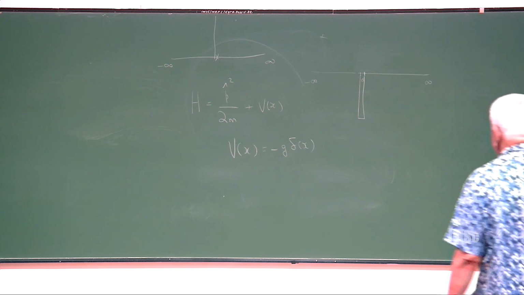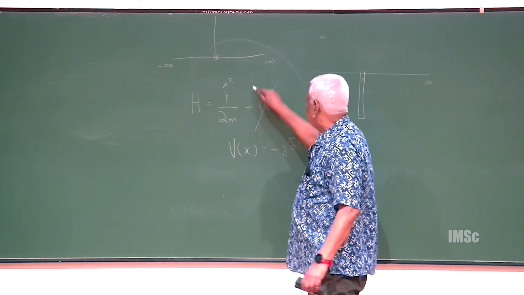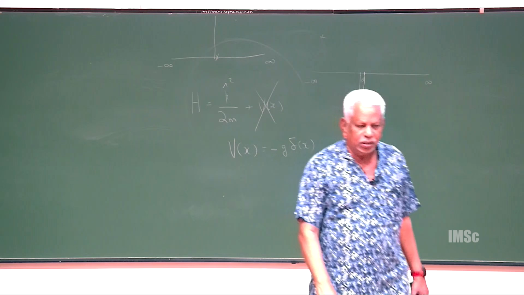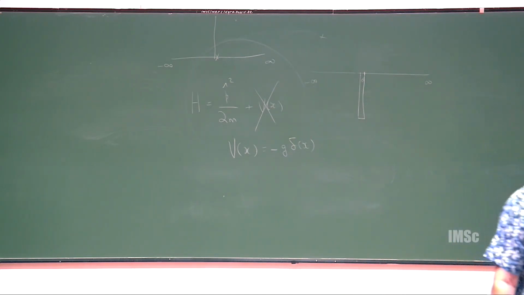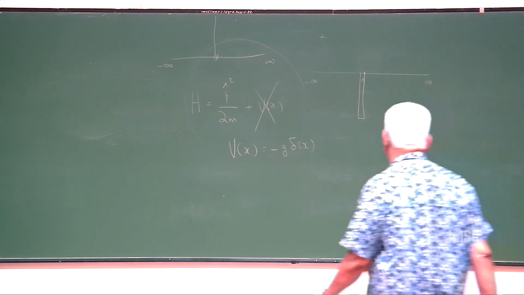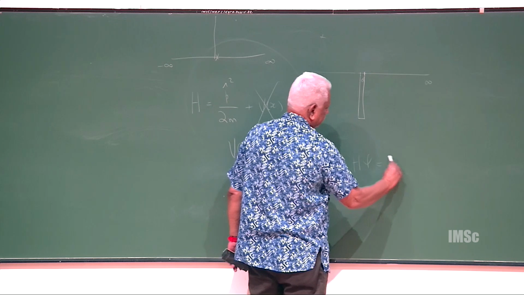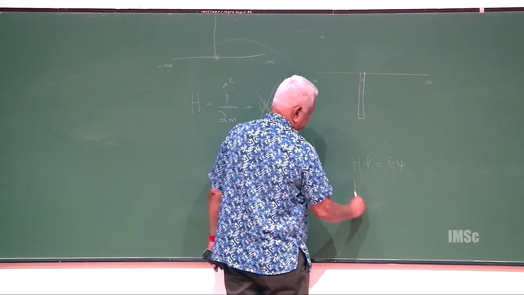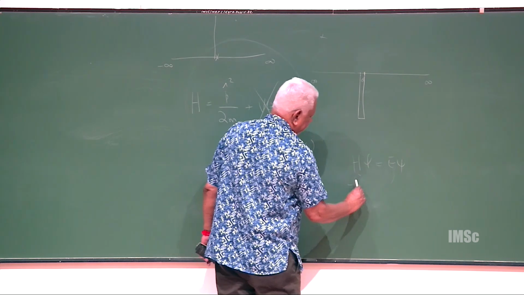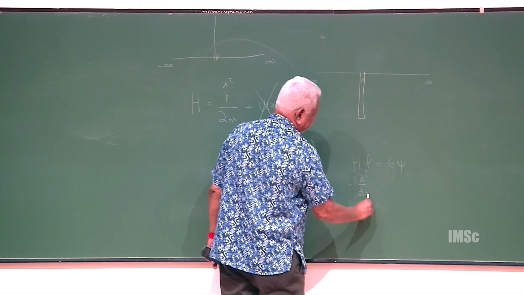If this is not there, I can ask you to find the energy eigenfunctions of that operator. What are the energy eigenfunctions for a free particle? Anyone knows? You want to find h psi equal to E psi, where h is p square by 2m, which is minus h bar square by 2m d square by dx square.